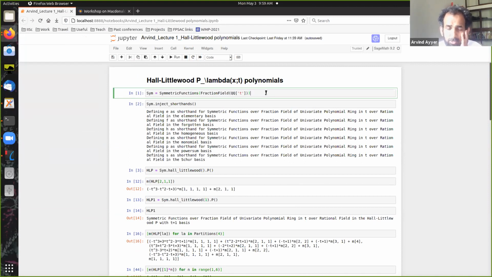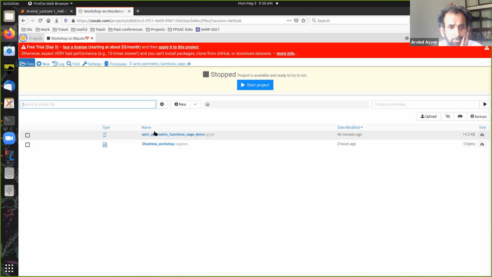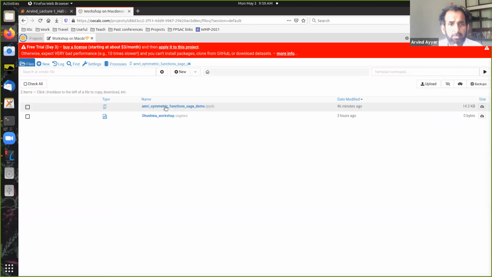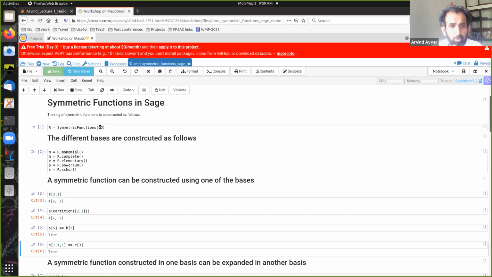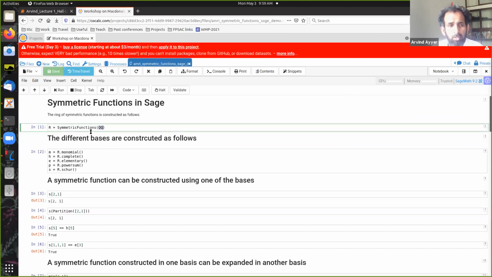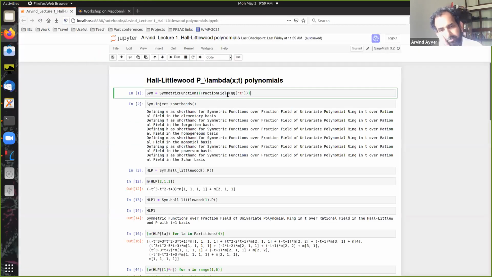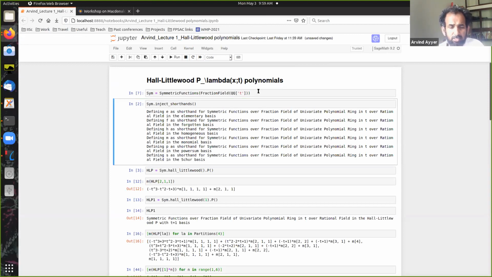If you remember Amri's tutorial demonstration, he defined symmetric functions over the ring Q, but that will not suffice for us because we will need to work with polynomials in t. Just to be safe, it's convenient to take our field as the field of fractions in t. So that's symmetric functions with those variables.